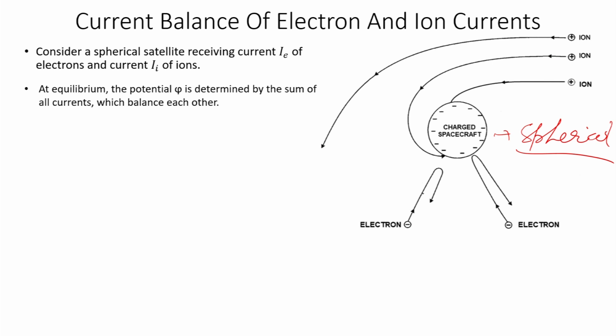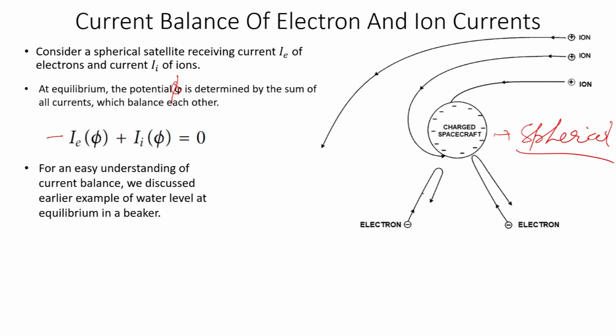So, at equilibrium the potential phi will be determined by the sum of all the currents, which balance each other. I use a minus sign here to show that one is outgoing and the other is incoming. This is nothing but Kirchhoff's current law.